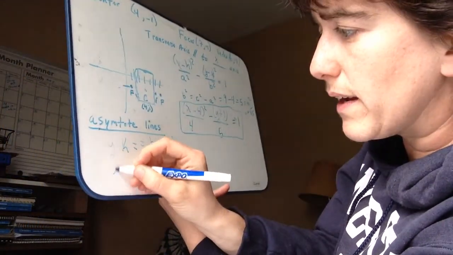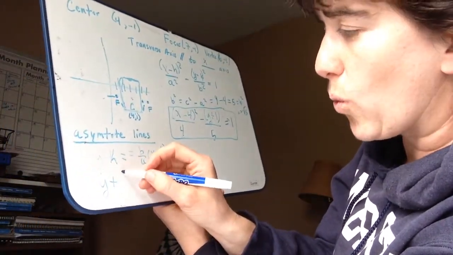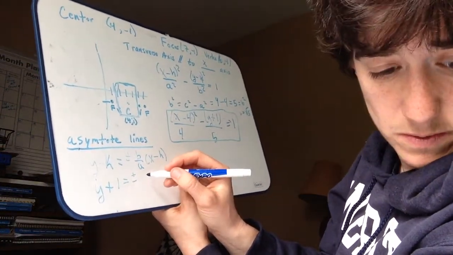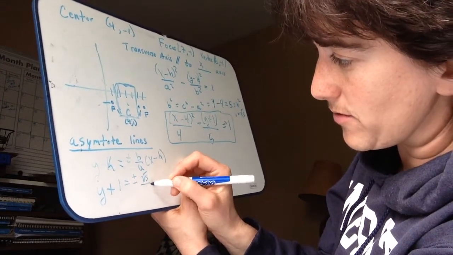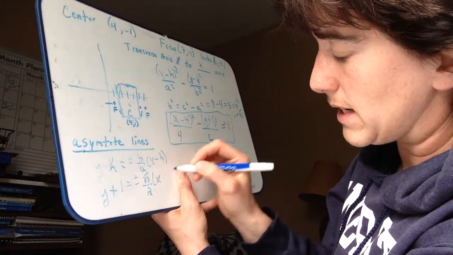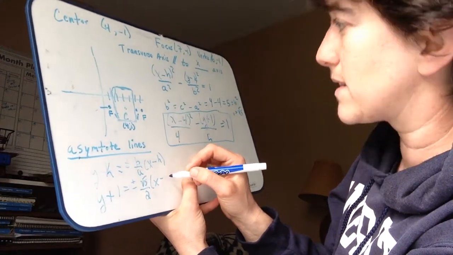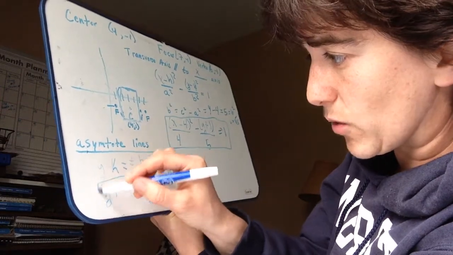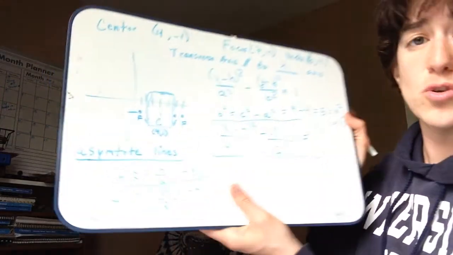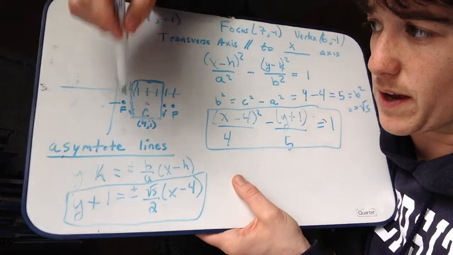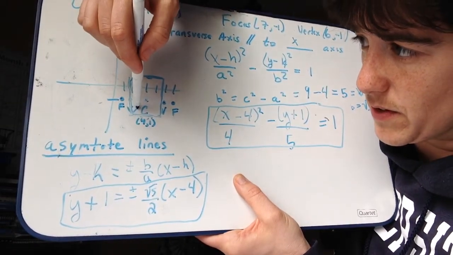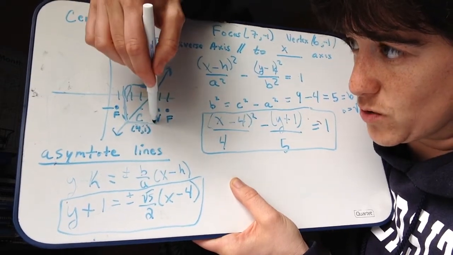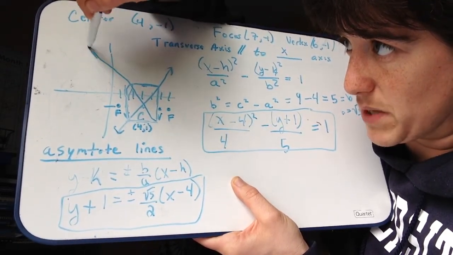So y plus 1 equals plus or minus my b value, right, is the square root of 5. My a value is 2 times x minus the h value is 4. This right here is the equation of my 2 asymptotes. Okay? Now, interestingly enough, I can draw those asymptotes as such through my diagonals of this box.